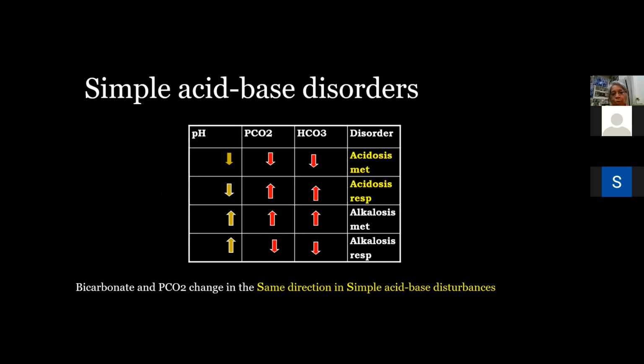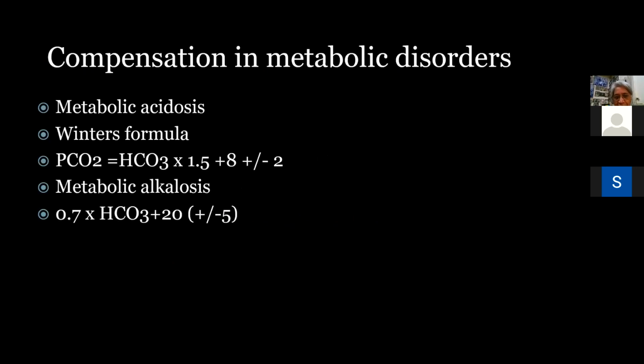I think we all know how to recognize metabolic acidosis, respiratory acidosis, metabolic alkalosis, and respiratory alkalosis by following these simple methods. Now, we need to know the range of compensation. I'm just going through it because you'll be using it in the cases ahead.